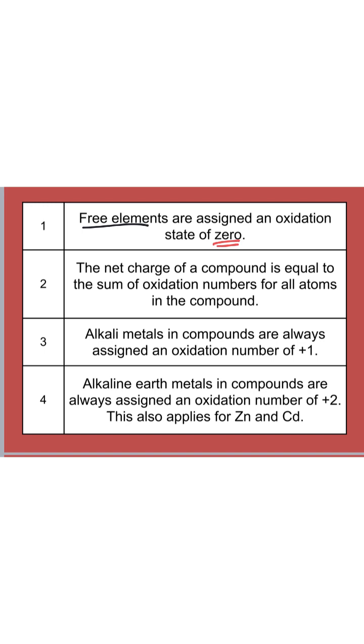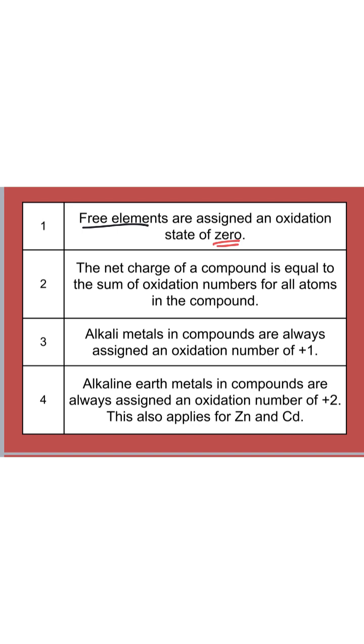Number 2, the net charge of a compound is equal to the sum of the oxidation numbers in all the compounds. So if I have a compound, let's say it's like CO2, CO2 is a neutral compound, so that means my carbon and my 2 oxygens, their positive and negative charges are going to equal out to 0 because CO2 is a 0 compound.